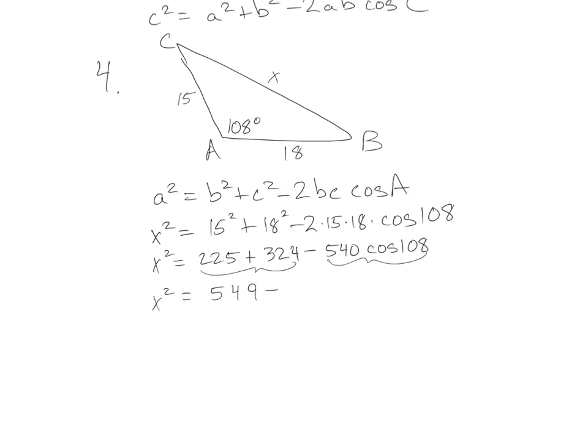And then take 540 times the cosine of 108, and you get a negative 166.869177. Remember, you have a minus sign and a negative there, so you're going to add these together. And that's a typical mistake students make. They start dropping signs at this point.